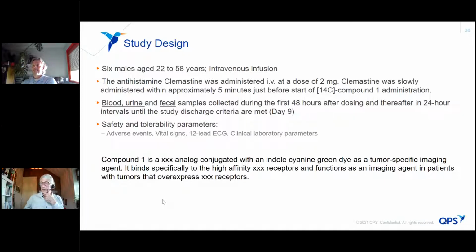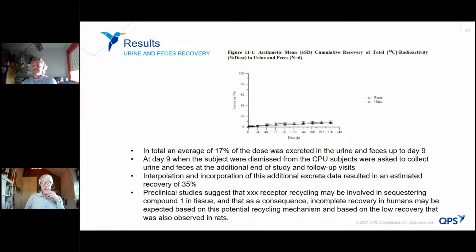So in this case, it is expected to behave differently than a normal drug, which can be seen in this specific picture, where you can see that the overall recovery is low. Actually, we found an average recovery of 17% in a period of 9 days.